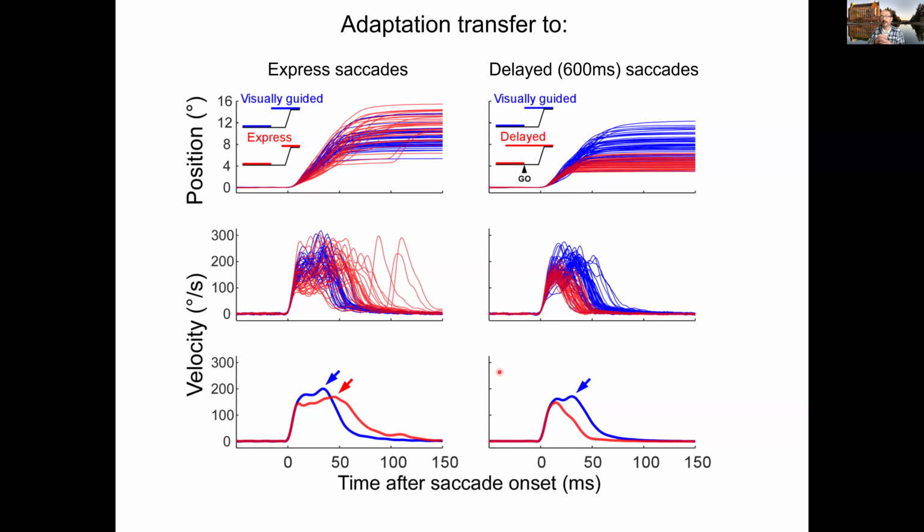So now we'll test, as we have done in the past with Yoshiko and Albert, how the adaptation of visually guided saccades transfers to express saccades, or gap saccades, or to delayed saccades. In express saccades, when the monkey is fixating, the target is off.